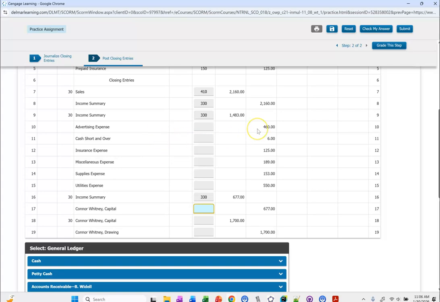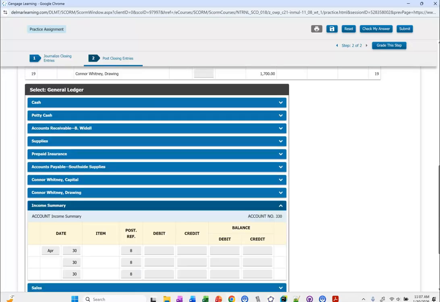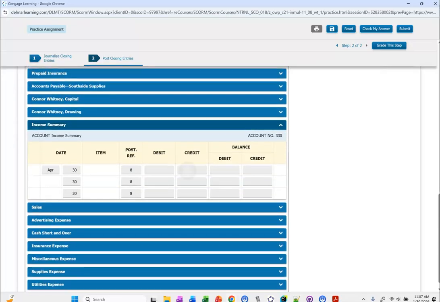Okay. So the first income summary is a credit of 2160. I have a debit of 1483, and then another debit of 677. So credit 2160, which gives me a balance of 2160 credit.